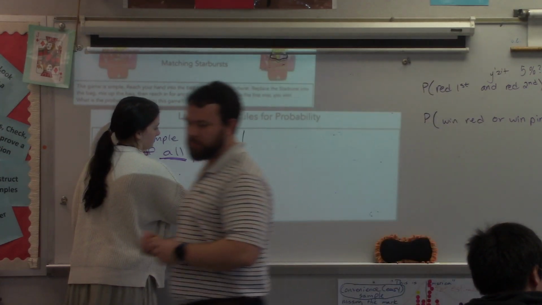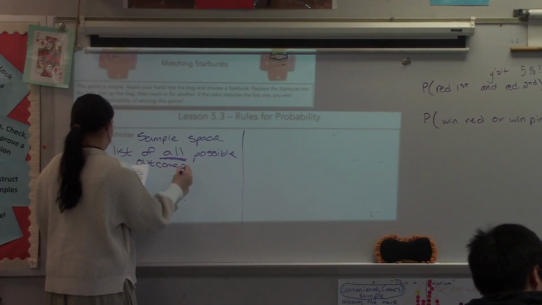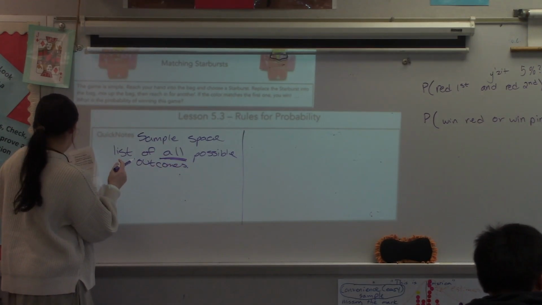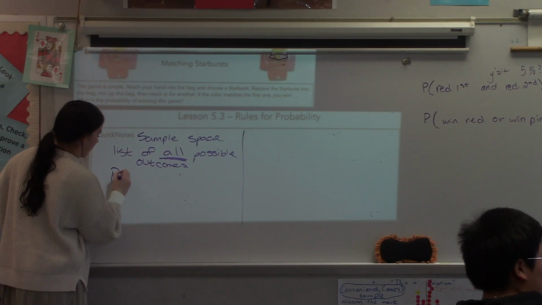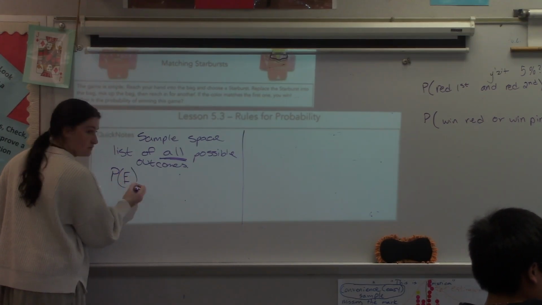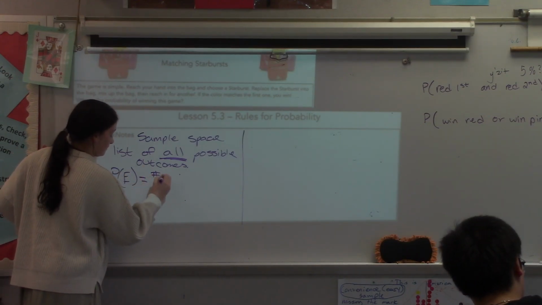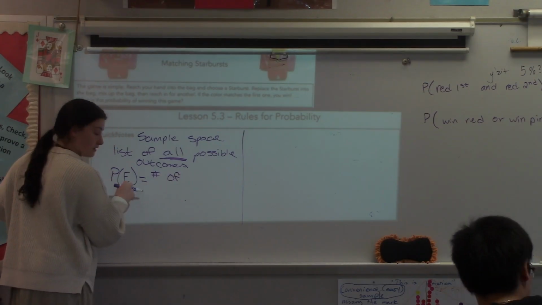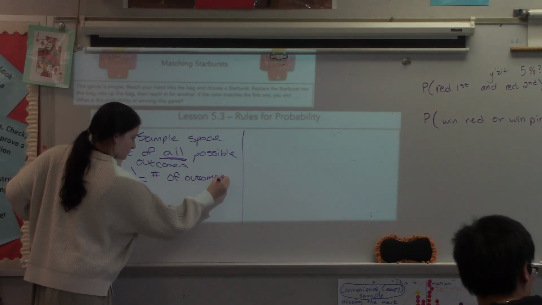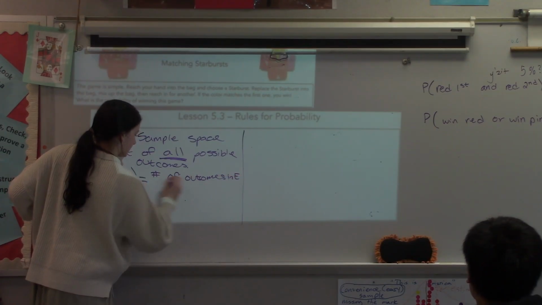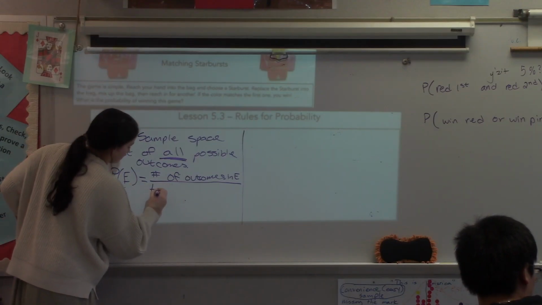So the probability of an event happening, we're going to use E. That is the number of outcomes in E, the event we're looking for, over the total outcomes in the sample space.